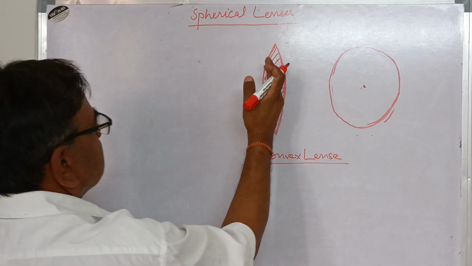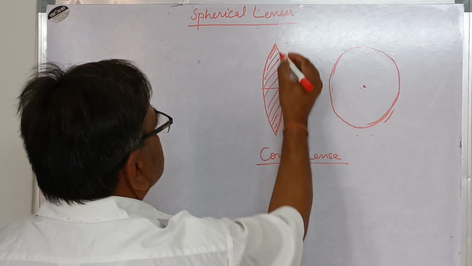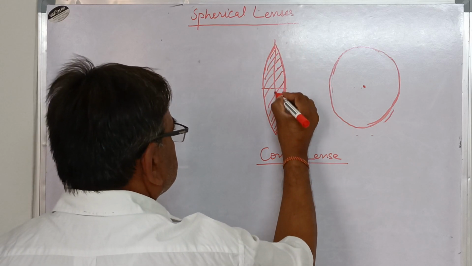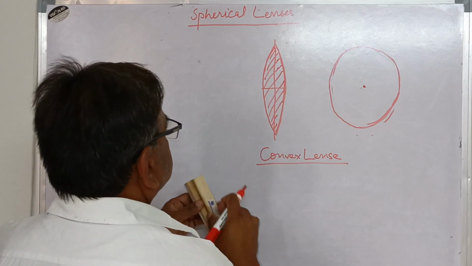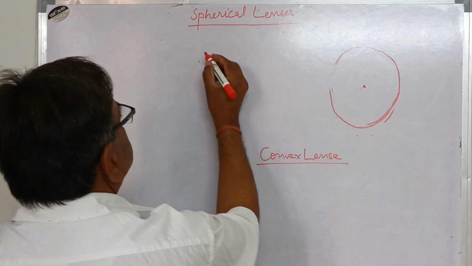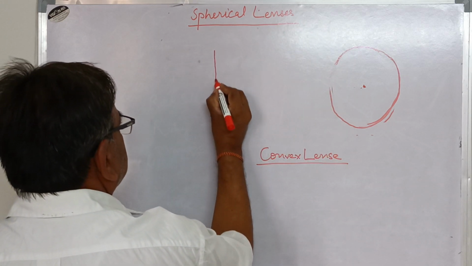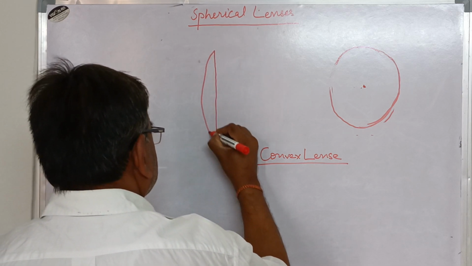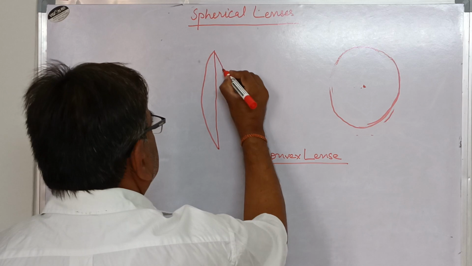And when these spherical surfaces are divided by a thin line, let this be the center line. This is one portion, this is the other portion.